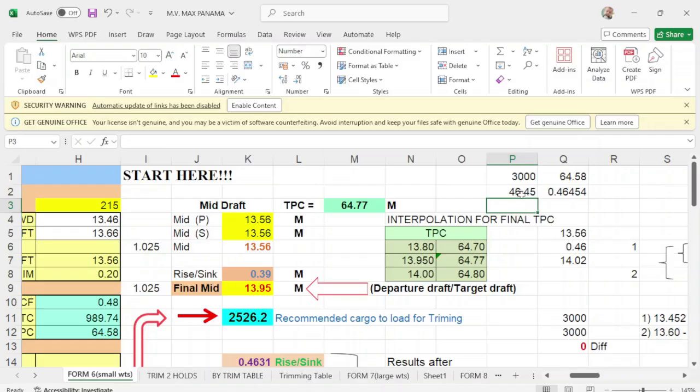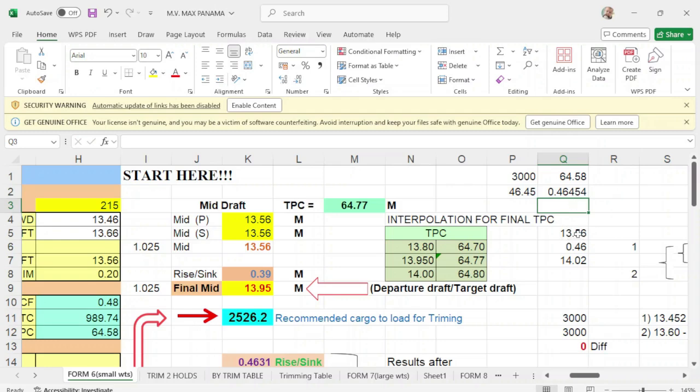What would that be in meters? Divide that by 100 to make it into meters, and that will be 0.46 meters.